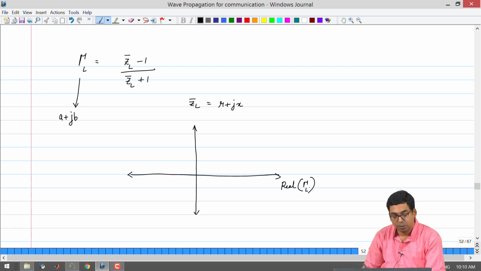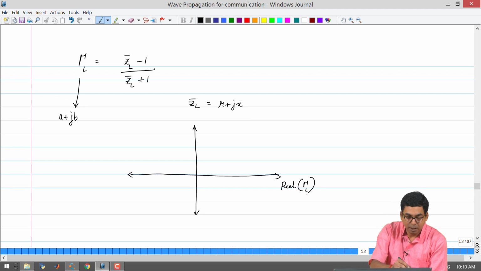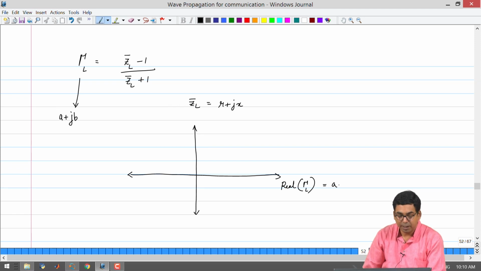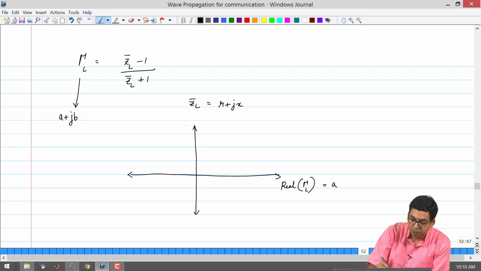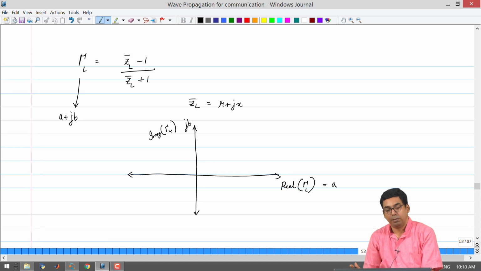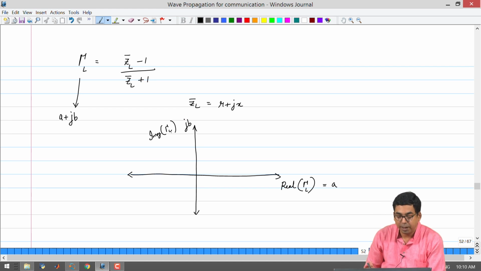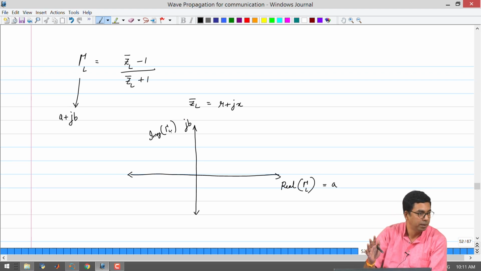So, I am just saying that the real part of gamma L, and in our lecture this is going to be denoted by A. So, you could also say that this is equal to A, and the vertical axis is going to correspond to jB, or the imaginary part of gamma L. I am going to take fixed values of R and X, calculate the value of gamma L, and make a plot. That is all I want to do, and any other inferences I will draw once I have completed the plot. Okay. This is the exercise.